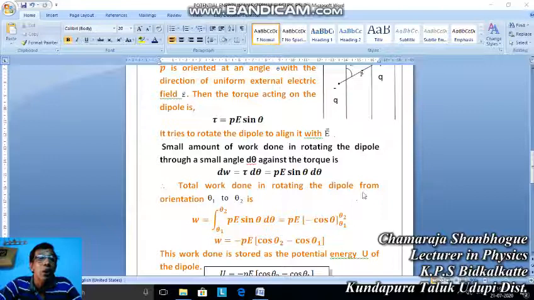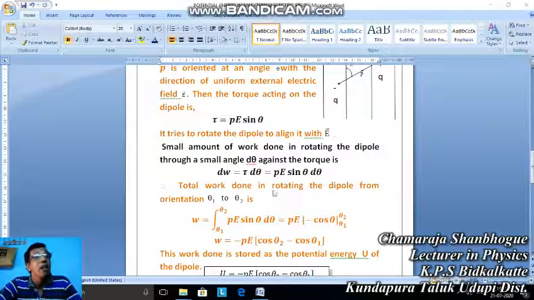Total work done in rotating the dipole from initial angle theta 1 to the final angle theta 2 is given by integrating PE sin theta d theta from theta 1 to theta 2. Small amount of work done is dW in rotating the dipole through a small angle d theta.